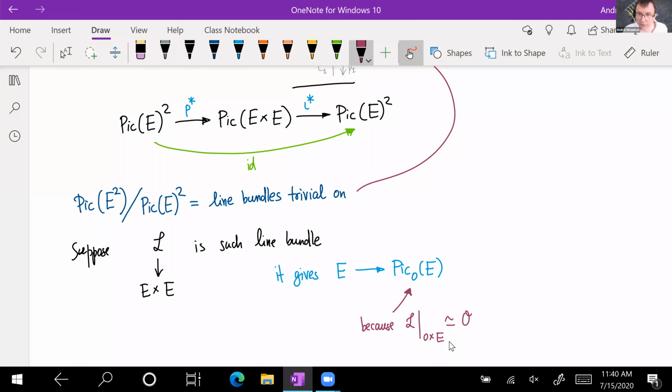And so in particular, this E fits in a family of line bundles, one of which is trivial. So this map goes to Pic 0. And we know that this is isomorphic to E.